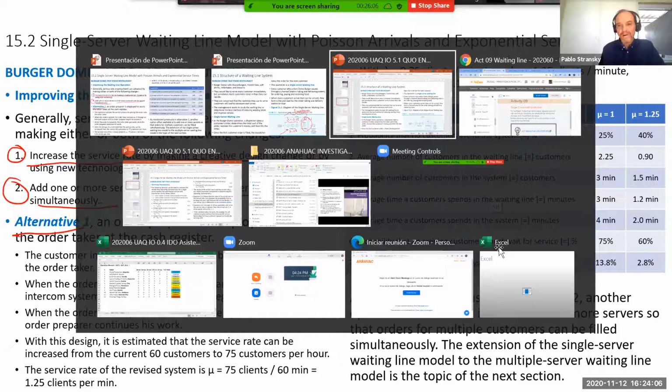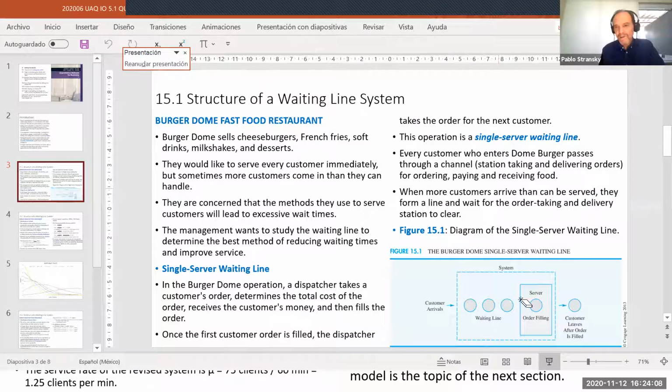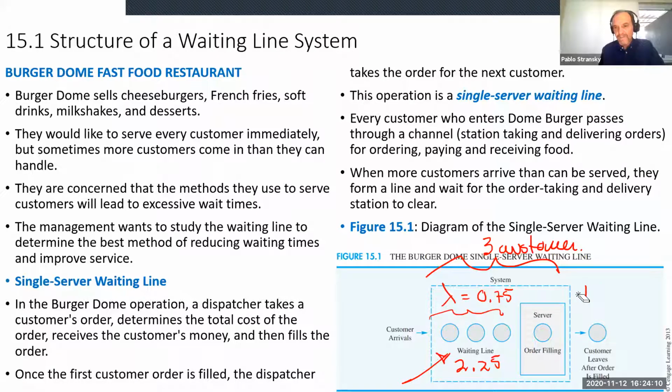So either we change what's going on here, or we put another serving line so that people can go to one or to the other. So we are going to have two serving points and one line, okay? We're going to see right now what will happen if we make some changes here, okay?